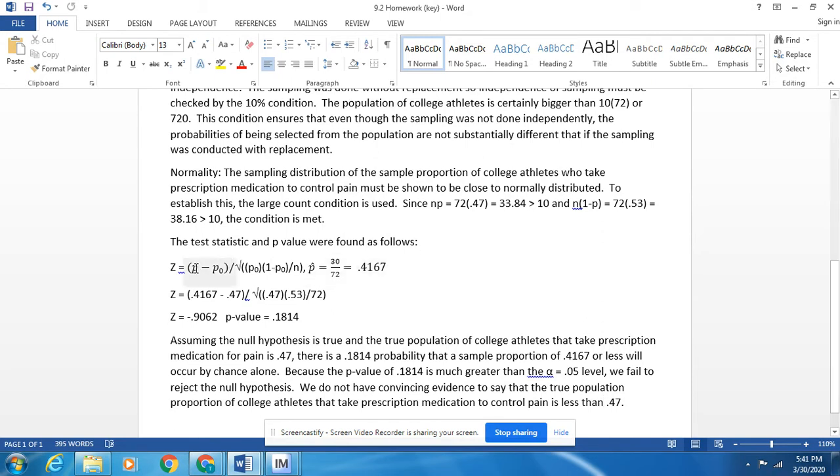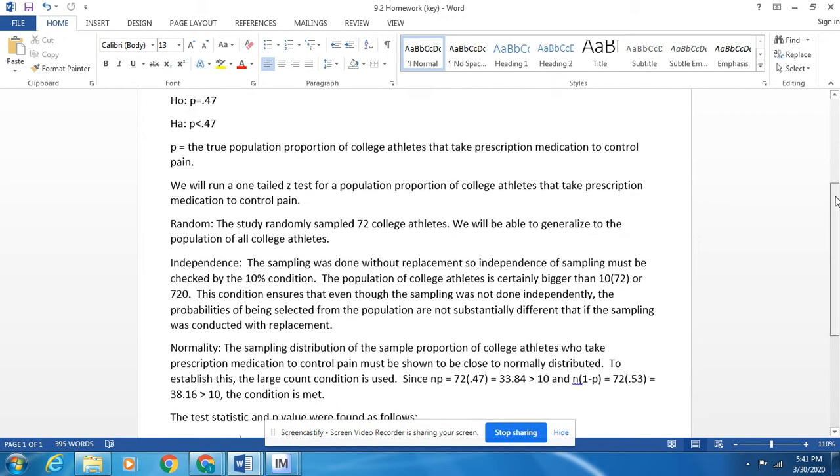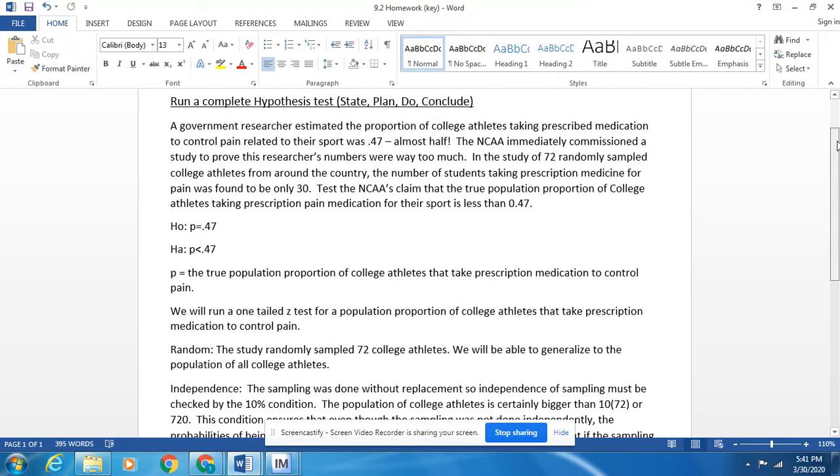Instead of having to write out the formula like this and do everything like that, we can just put some values in and have the calculator run the test for us. In our test, though, if we are going to go with a calculator driven answer, we must name the test. I've done that in this step. We will run a one-tailed z-test for a population proportion of college athletes that take prescription medication to control pain. I've got that already in my key.